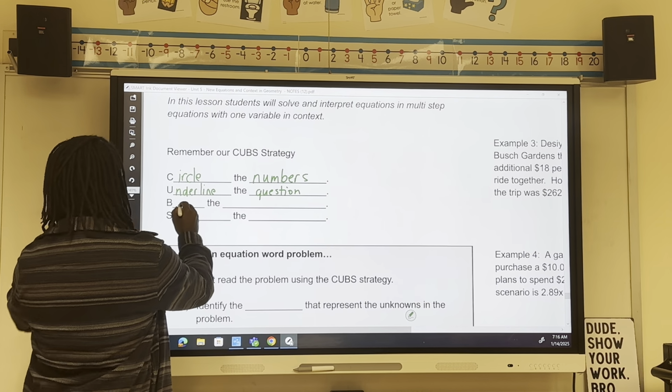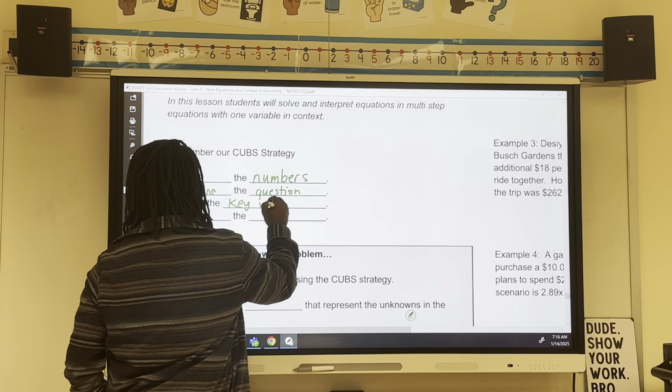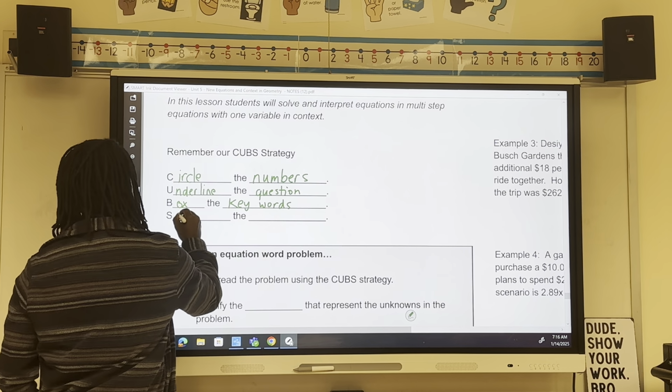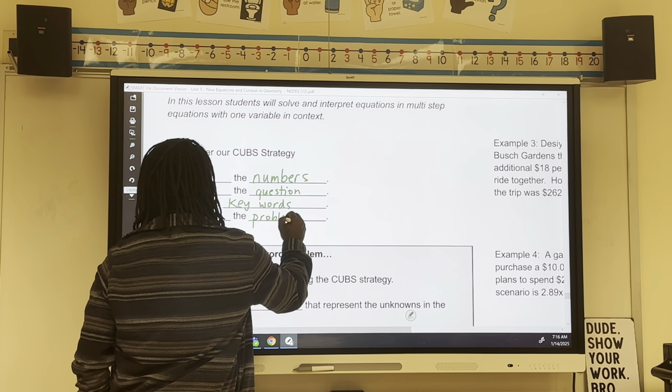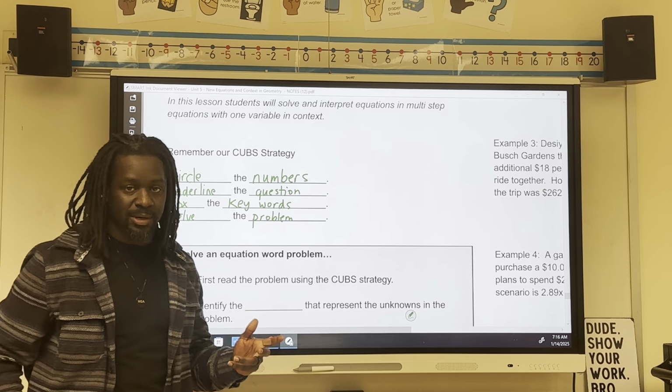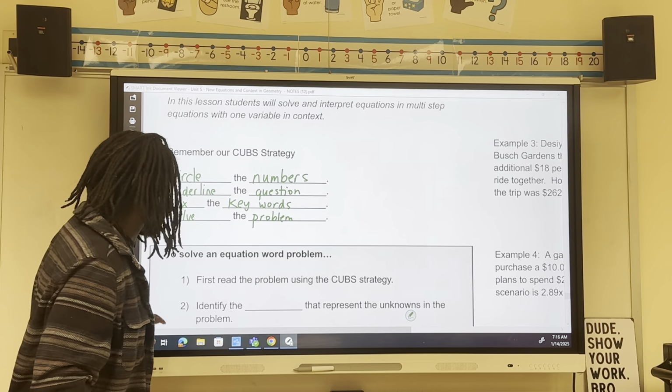Then we are going to box the keywords. And then lastly, we are going to solve the problem. These are just our generic steps for solving any type of word problem.